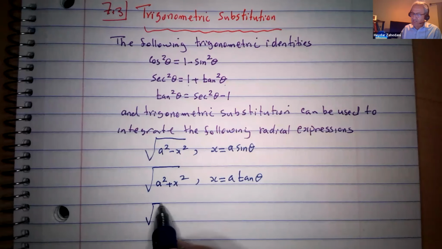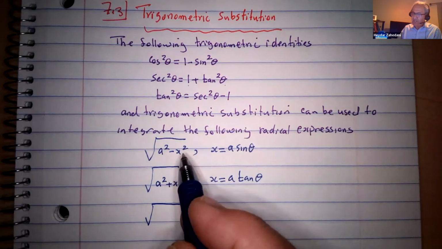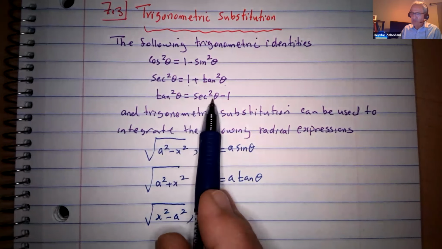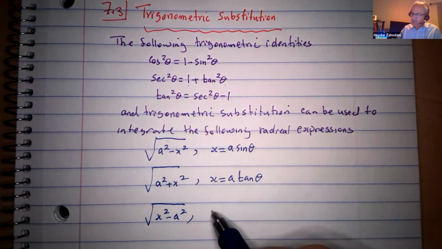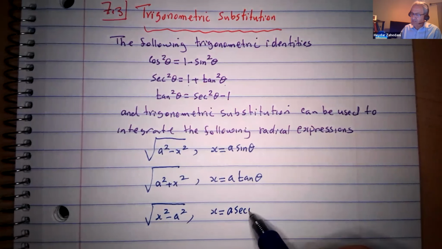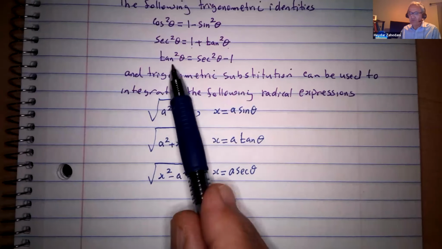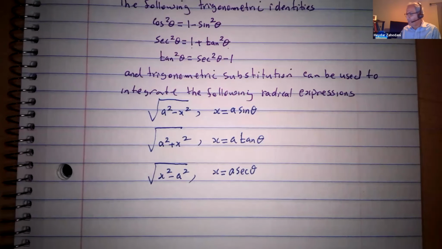And if you have that last one, x squared minus a squared, you change it to this format: take x equal to a secant of theta. That makes it secant squared minus 1, and when you substitute, that gives you tan squared, and then you're done.